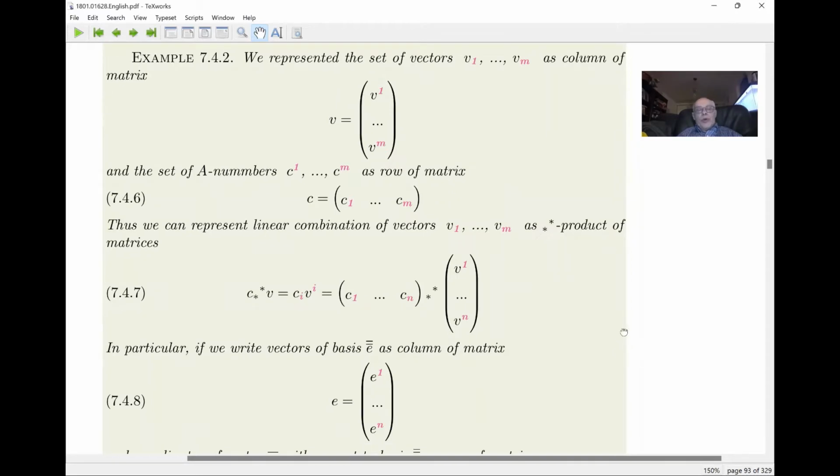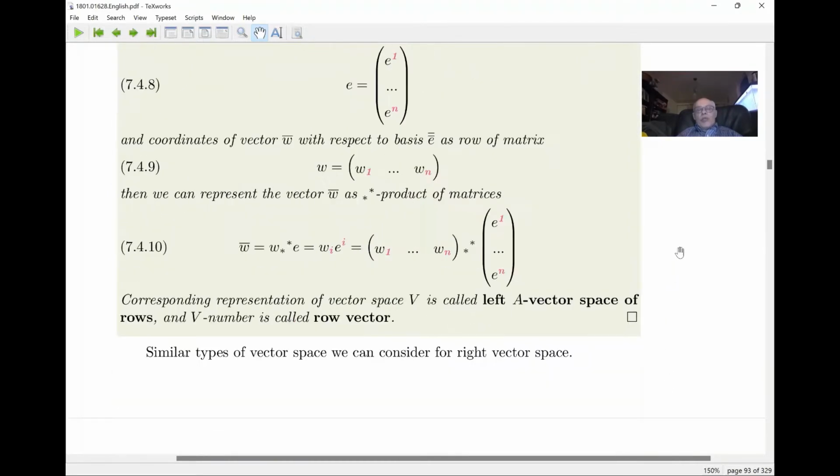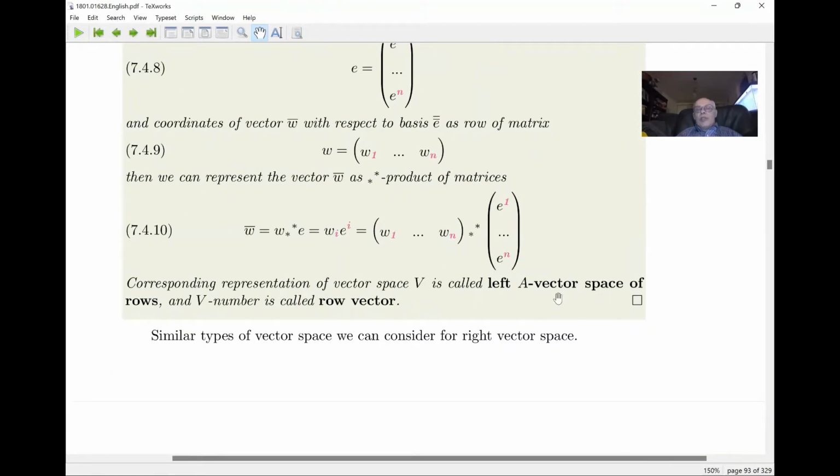In particular, if we write vectors of basis E as column of matrix 4.8 and coordinates of vector w with respect to basis E as row of matrix 4.9, then we can represent the vector w as RC product of matrices 4.10. Corresponding representation of vector space V is called left vector space of rows, and V number is called row vector.